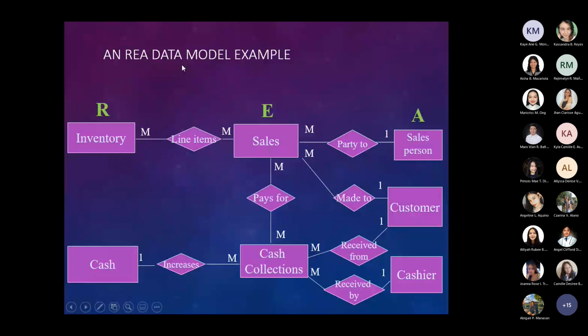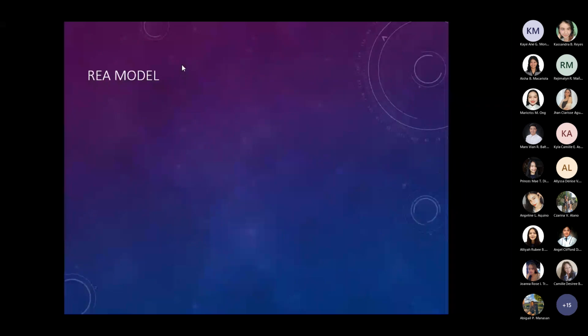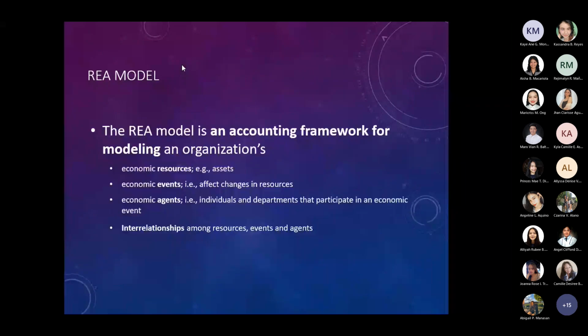So ito po yung REA data model example. Ito yung kinagandahan niya. Accounting framework siya for modeling our organization. Economic resources, economic events, economic agents, and interrelationship among the REA. Ma'am, bakit modeling?